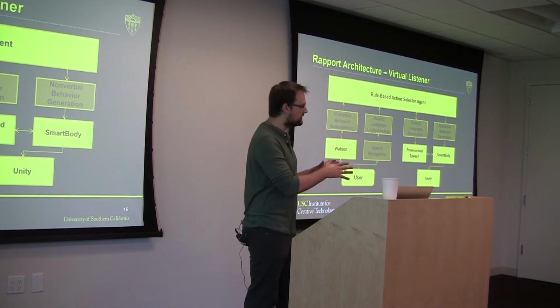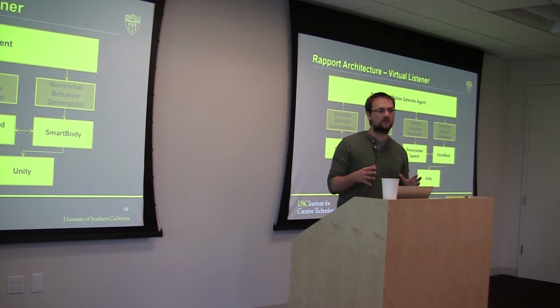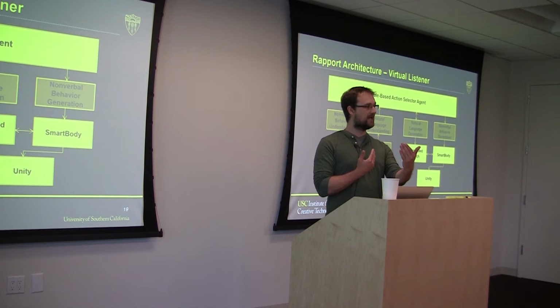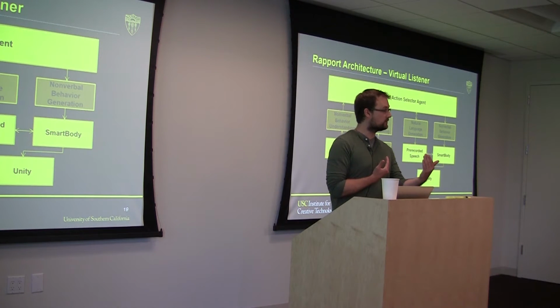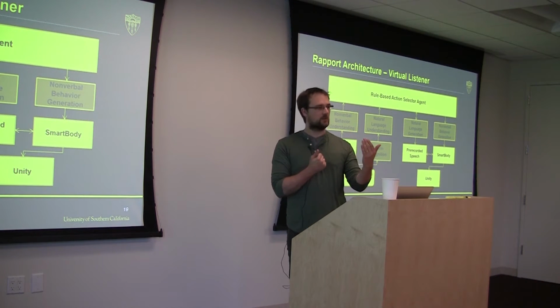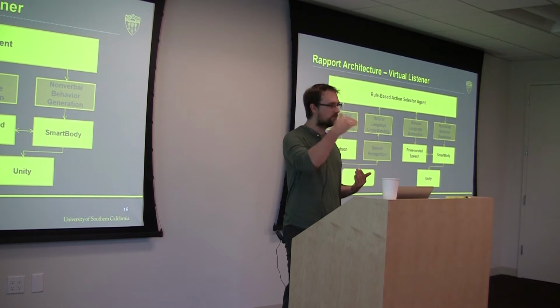Now, a different type of system is Rapport. That's a more research system. And here we asked ourselves, when two people talk to each other, and one is talking and one is listening, can we model the behavior of the listening agent to provide appropriate back-channeling behavior? So if it's one-on-one, somebody would just nod their head once in a while. You say, yeah, that kind of stuff. So we model that.